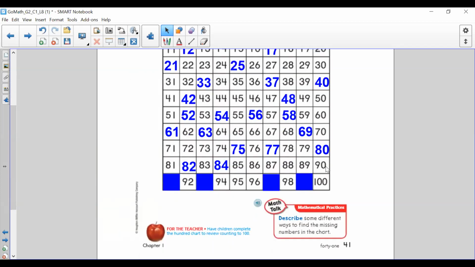And then after 90, these will be the 90s, 90, 91, 92, 93, 94, 95, 96, 97, 98, 99. Okay, so let's, for Math Talk, describe some different ways to find the missing numbers in the chart.